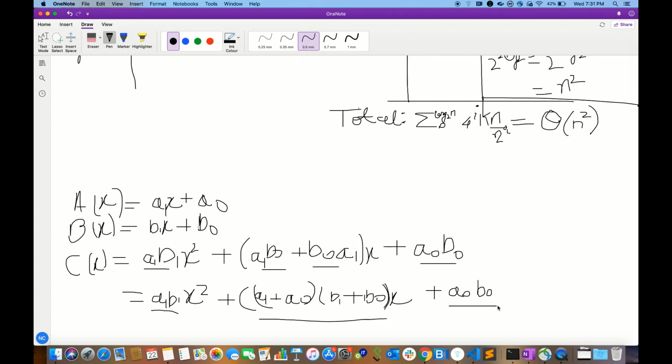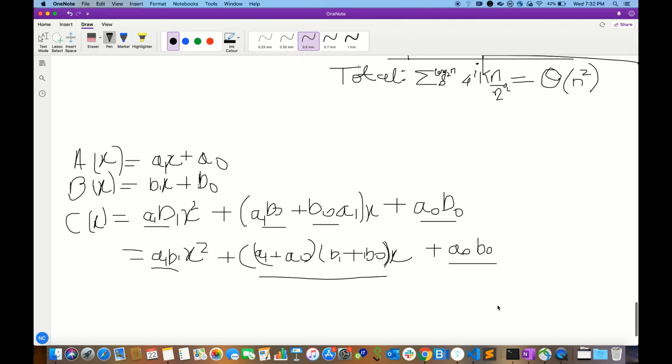So why does it matter? Because we are reducing the number of problems at each level. Previously in the divide and conquer algorithm, we were reducing it to four subproblems, and in this approach we are reducing it to 3 subproblems.